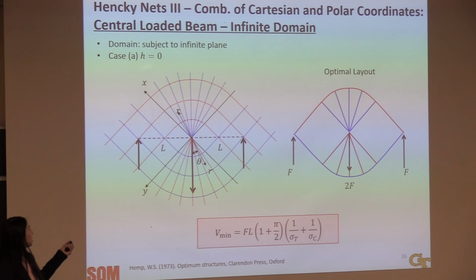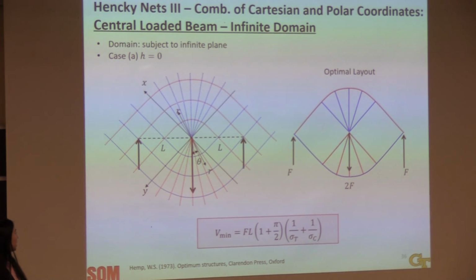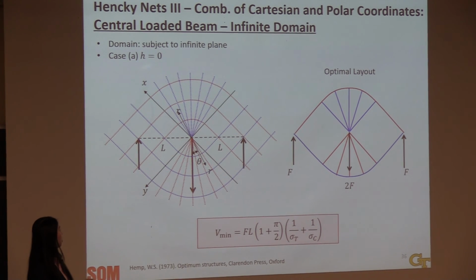And now we make use of the Hencky nets that combine the polar and the Cartesian. The only thing you need to be careful about is that you need to have the virtual strain and stress principal values in these bars that you will have in your optimal layout.